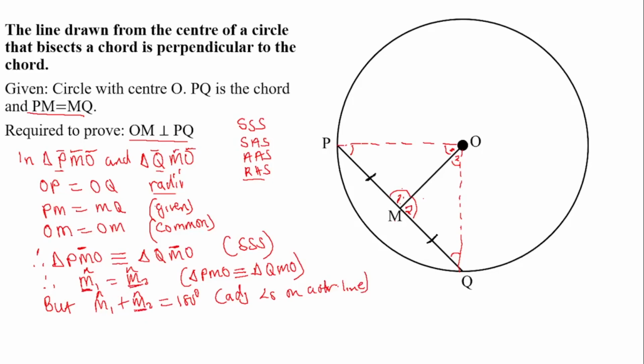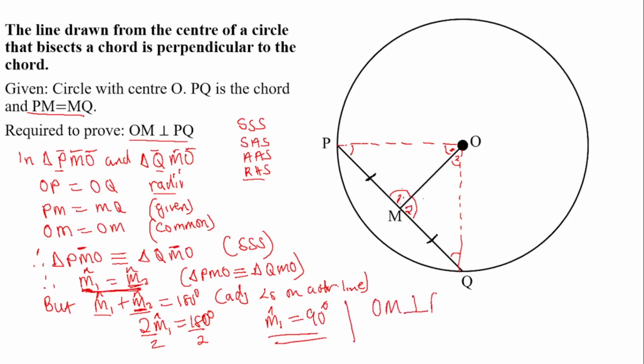So it means we can replace this M2 with M1 and then say M1 plus M1, so it becomes 2M1 is equal to 180 degrees, right? Then divide by 2 on both sides of the equation. We found that angle M1 is equal to 90 degrees. You see that? And then angle M2 also is equal to 90 degrees because these are equal. So we've managed to prove that OM is perpendicular to PQ, since this angle is 90 degrees and then this angle is 90 degrees.